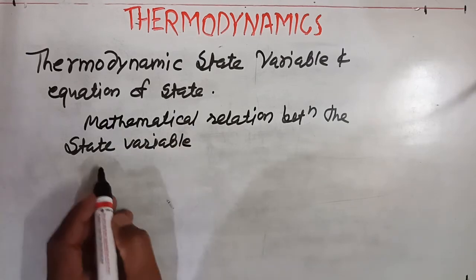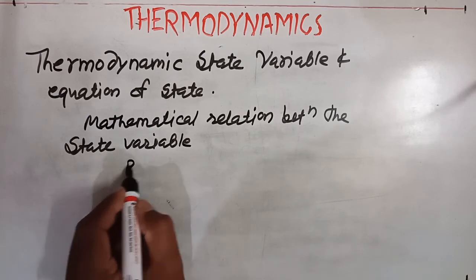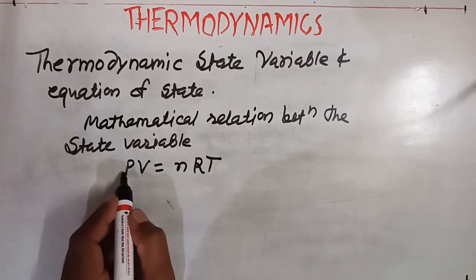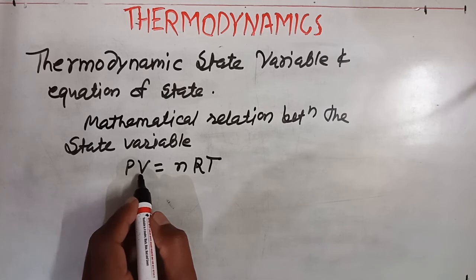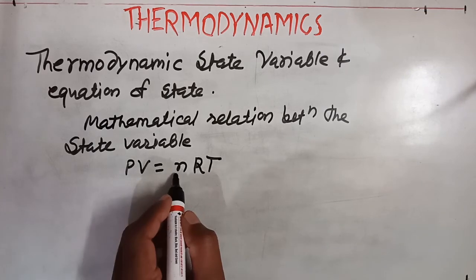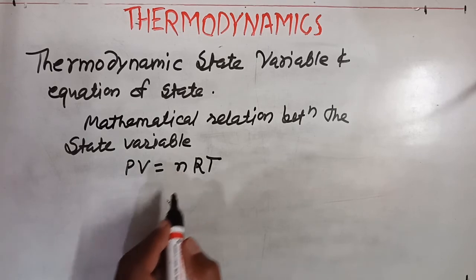And one of the equations, the ideal gas equation, is PV = nRT. In this equation, P is pressure, it is a state variable. V is volume, it is a state variable. Temperature T is a state variable, and these n and R are constants.